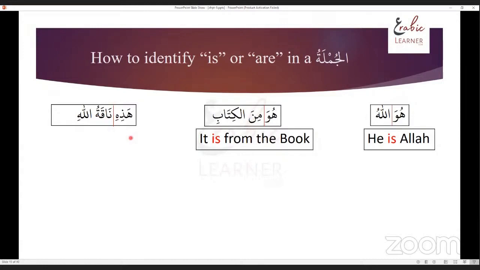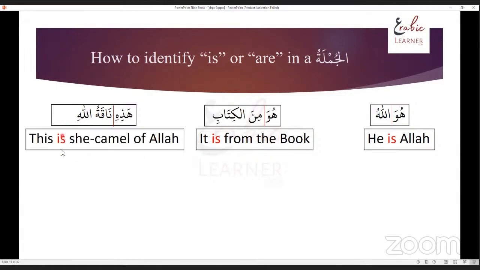Wherever there is a break, you put "is" there. Why am I trying to identify this break? So you know where to put "is". This is the she-camel of Allah. Yes, this is Allah's she-camel. Understood or not?